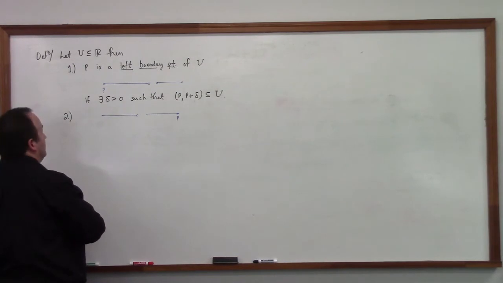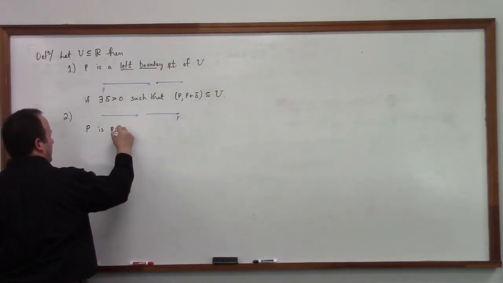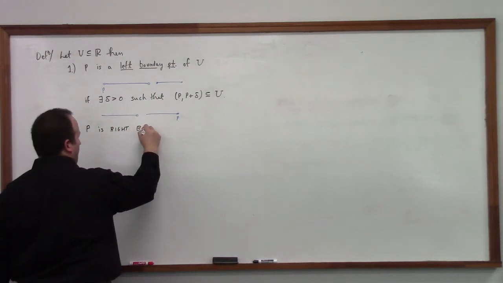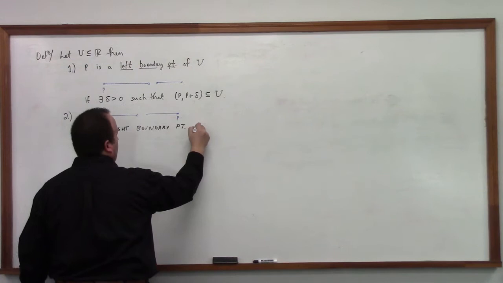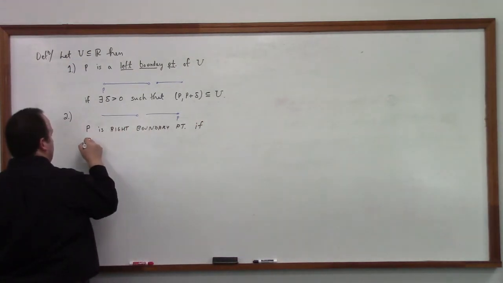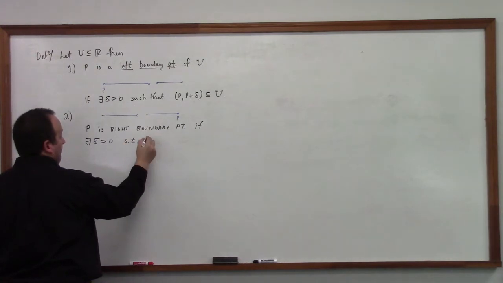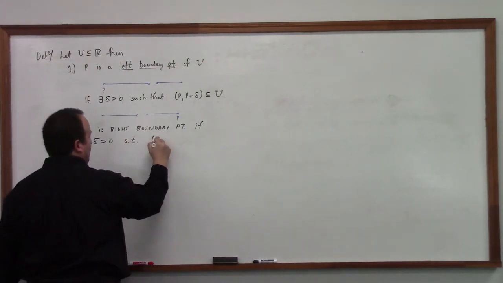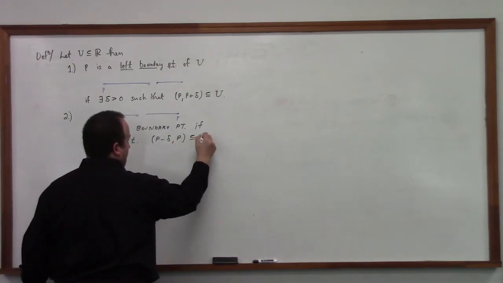P is a right boundary point if there exists delta greater than 0 such that the interval from P minus delta to P is a subset of U.